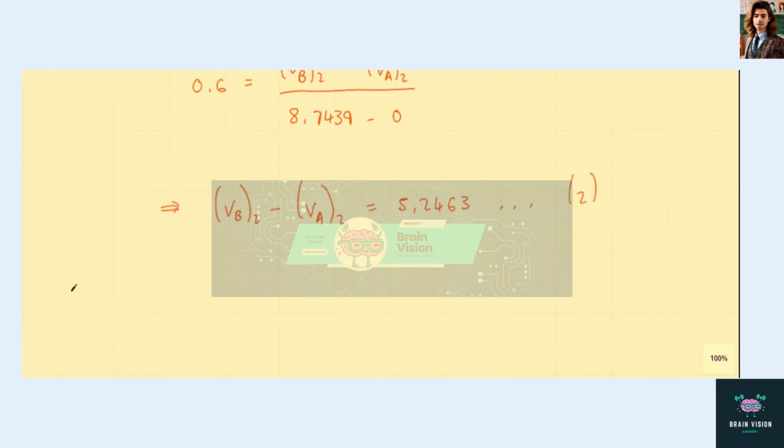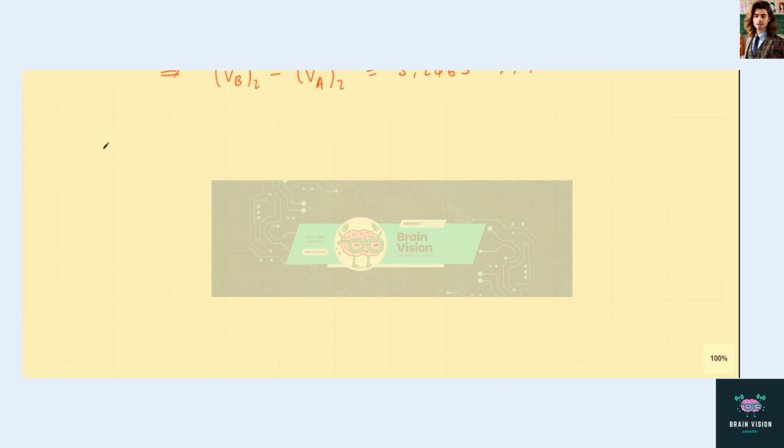Now, if we solve these two equations with the same two unknowns, equations 1 and 2, simultaneously, we get VB2 to be 8.3942 meters per second, and that's positive, so that's to the left.